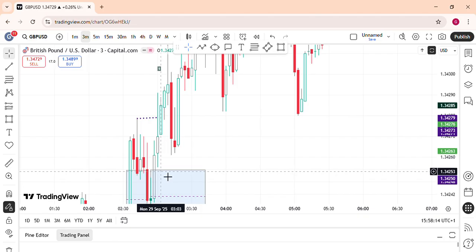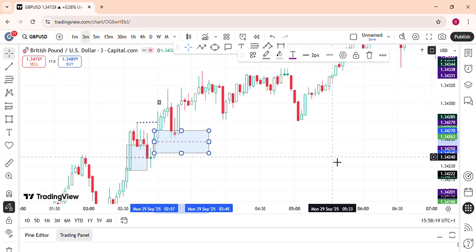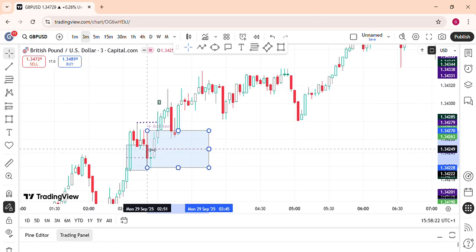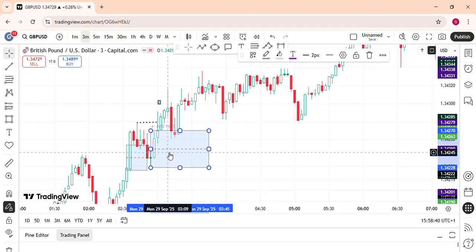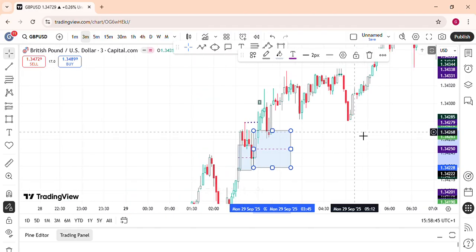So we can use this one for those who want to wait. You can see how price comes back to tap into this fair value gap, giving us a push to the upside, just like so.